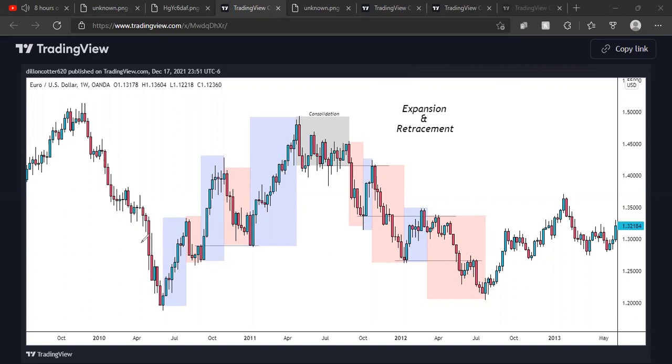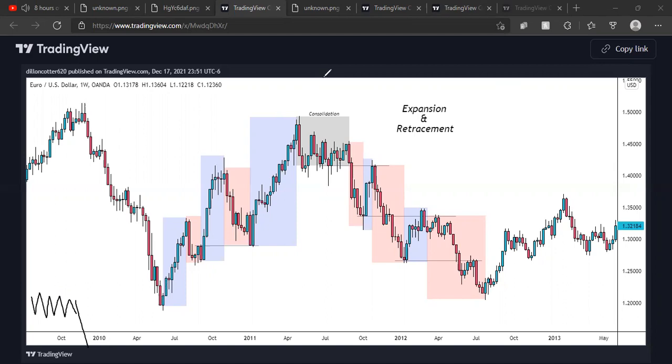You'll never go into a retracement and then reversal and then consolidation and then a retracement and then an expansion. No. It's always consolidation, and then you get either an expansion.